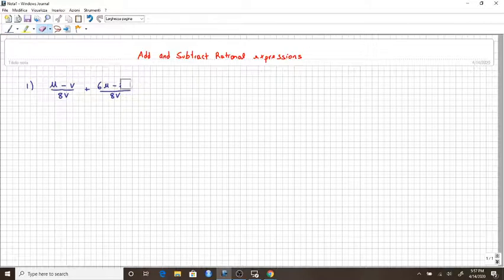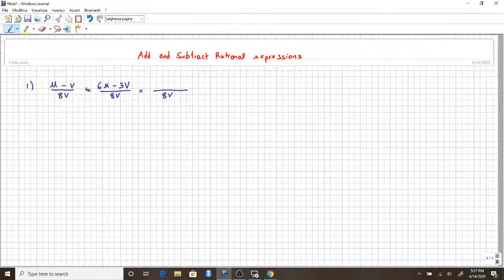I want to make sure you see that this is a 3v. Alright, take a look at the denominators. The denominators are exactly the same. So the least common denominator is 8v in this case, right? So there is nothing you need to do to change those denominators. So we know we're going to end up with a denominator which is 8v. So the only thing we need to do is combine the two numerators, okay?